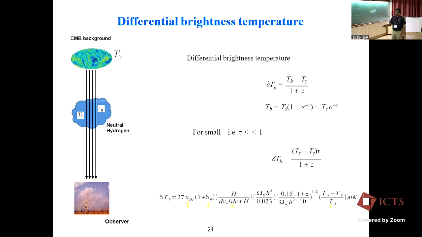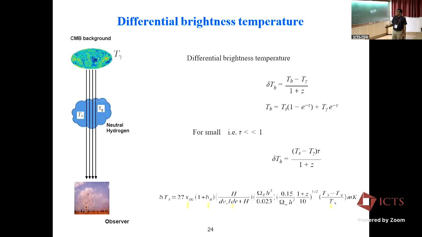This is the famous, widely used equation for delta TB, and you can see it depends on cosmological parameters like the Hubble parameter, the baryonic density parameter, h, delta, all these things.